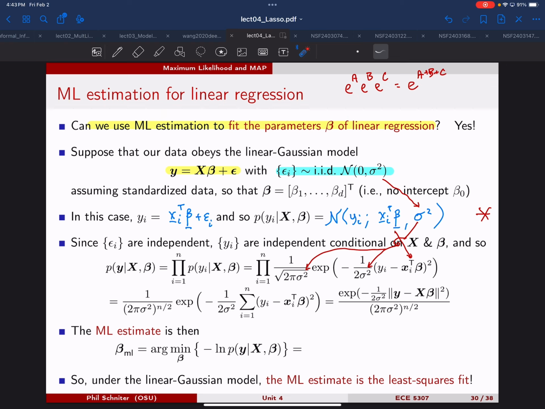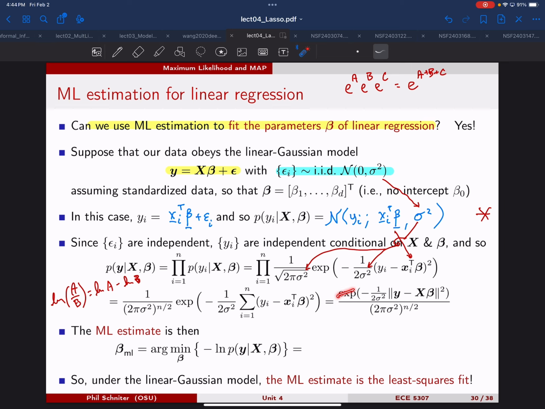So let's see what happens when I take the log of this. If I take the log of a divided by b, what is that? Log of a minus log of b, right? Exactly. So we're going to use that quite a bit. When I take the log of this, I get the log of the top.